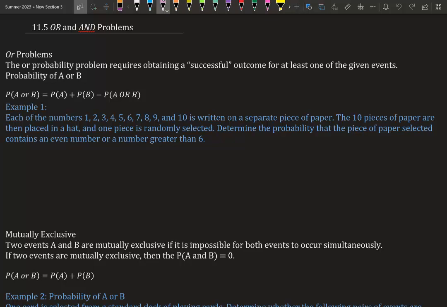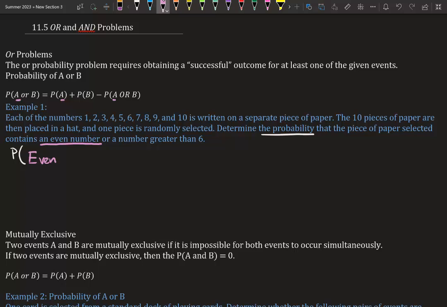So let's use our formula. Let's set it up. Our first part is P of A or B. So we're just setting up what we are actually looking for. We're looking for the probability that a piece of paper selected contains an even number. That's our A. You can also just write E, you don't have to write even.